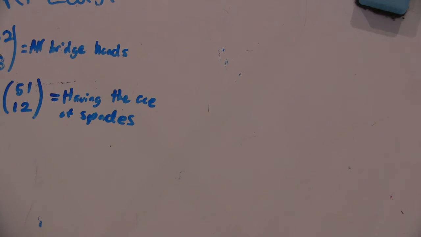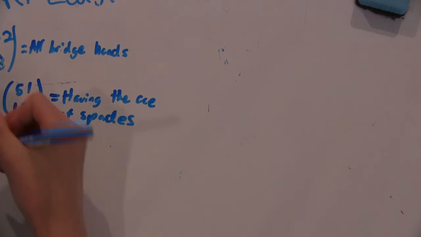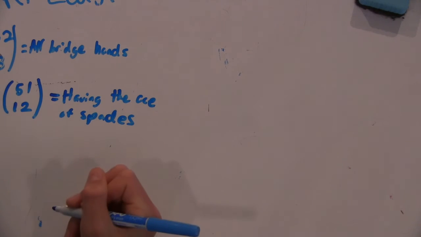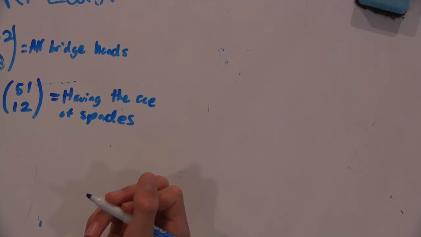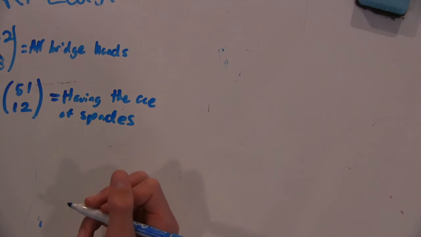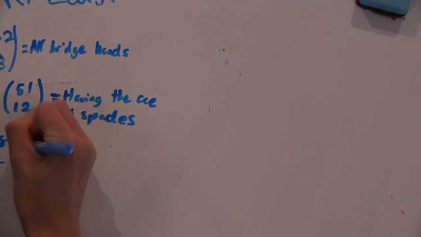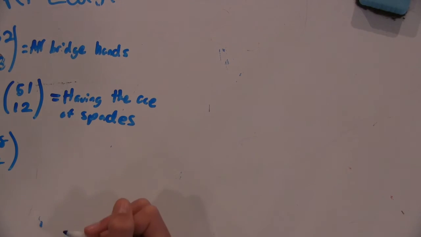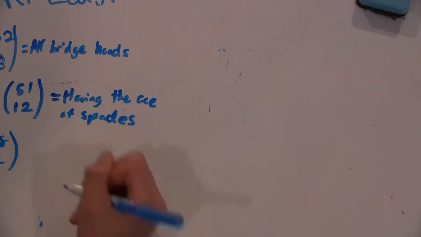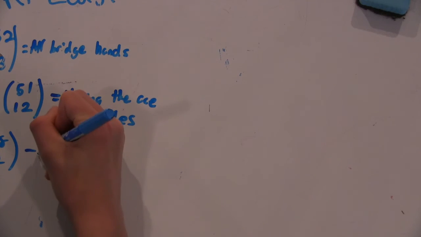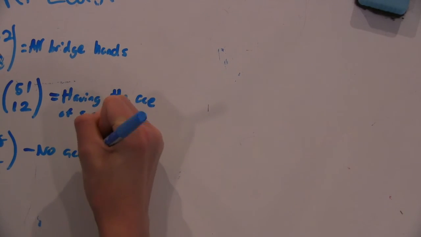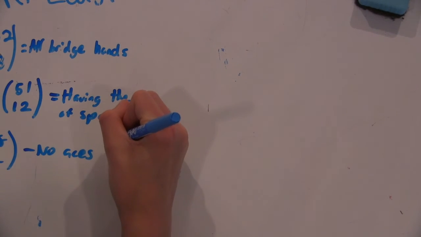Okay. The ones that have no aces are, out of the 51 choose 12, you're getting rid of 3 cards to choose from. So you now have 48 choose 12. Okay, yeah. And these have no aces and 12 cards. Alright.